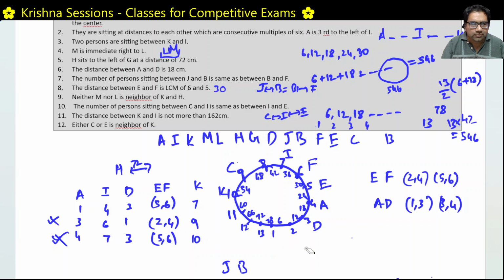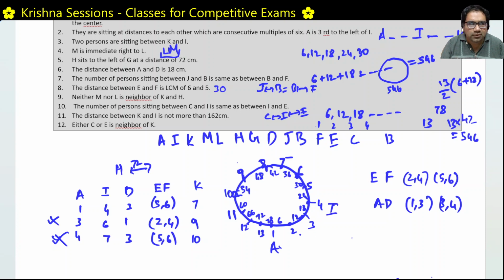Let's erase everything. Okay. So A is 1. Obviously, what does it mean?